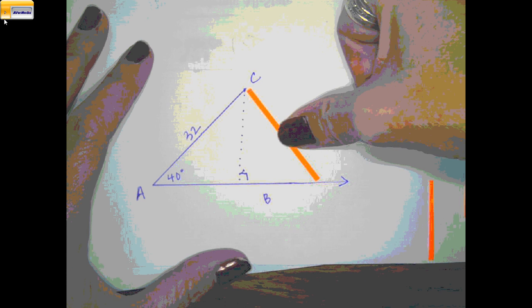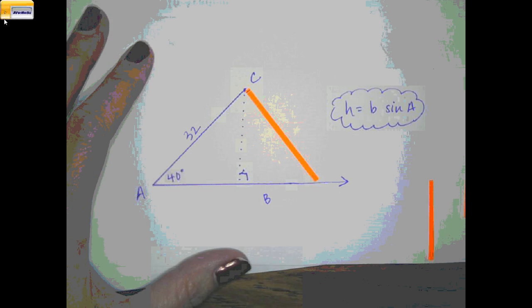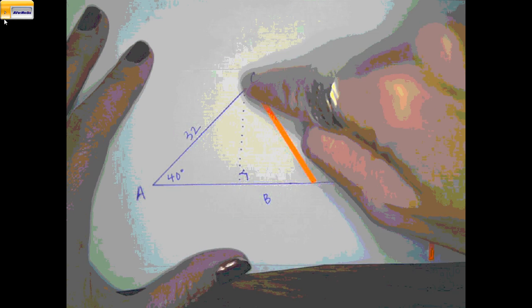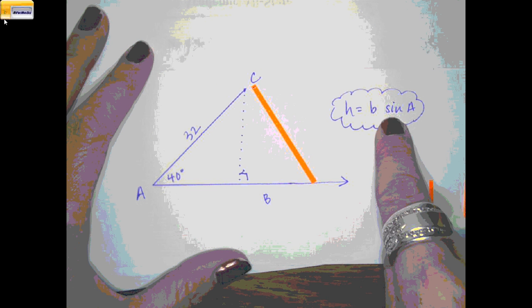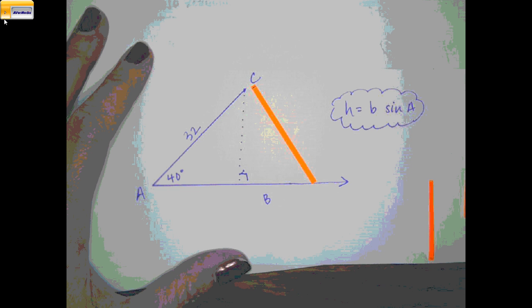It makes two. I didn't change the orange paper. I didn't change the angle. I didn't change that side. If A is between this length and this length, there's two triangles that are possible. And you're not going to know which one it is unless they tell you, which means you're going to have to list both of them. Does that make sense? A little bit.